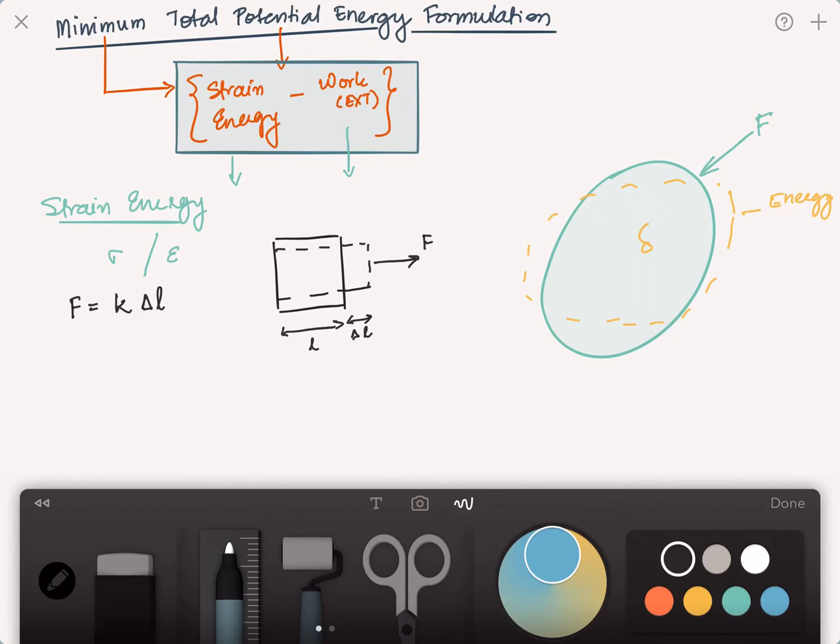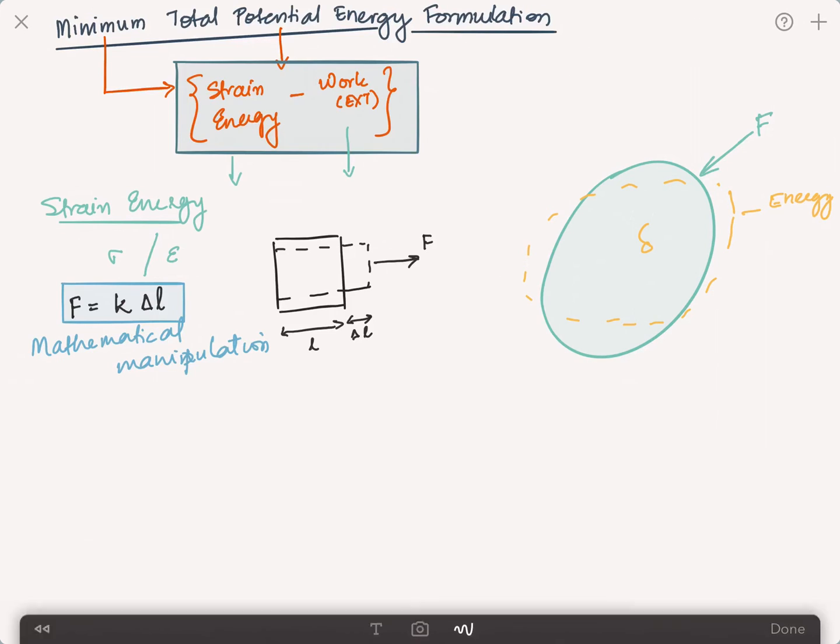So I want to do some mathematical manipulations. That's it. Some mathematical manipulations will happen now to this formula that I have put here, F is equal to k delta L, and using that we will be able to define the strain energy in the system. Okay, so let's start with the simple term F = k delta L, which you already have here.